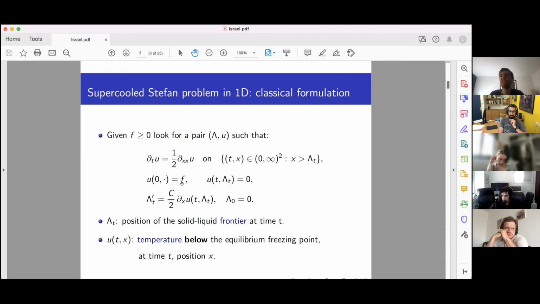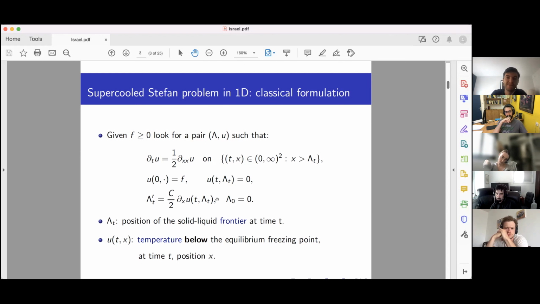Then you would get the stationary solution where the frontier will not move. But because of the supercooling, because this f will typically be a strictly positive function, at least in some regions, this will trigger the solidification.